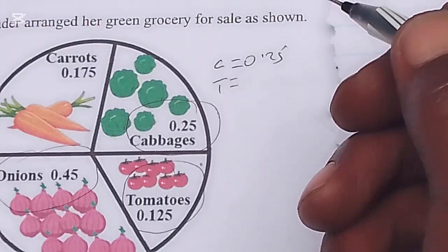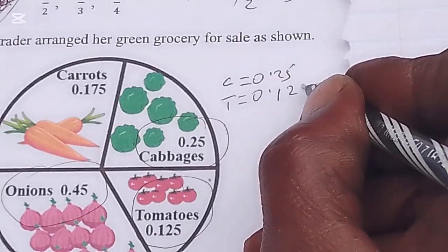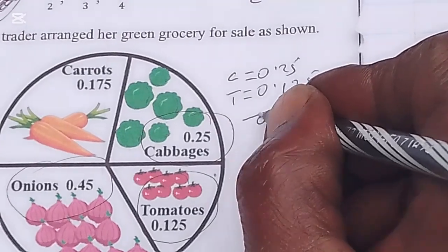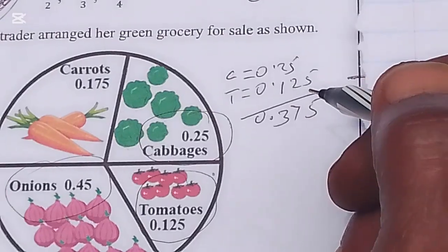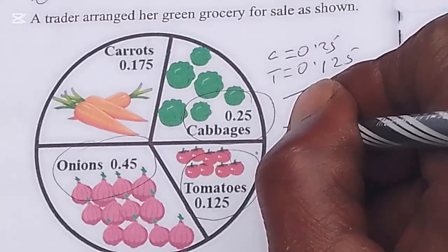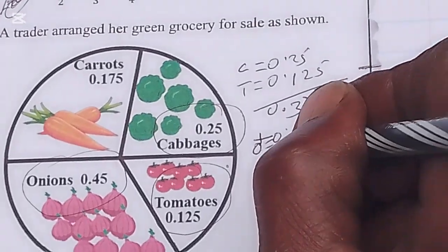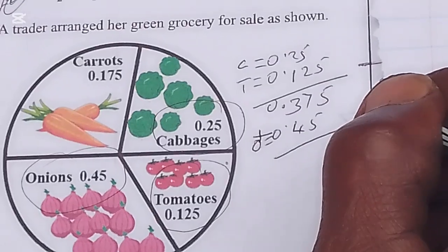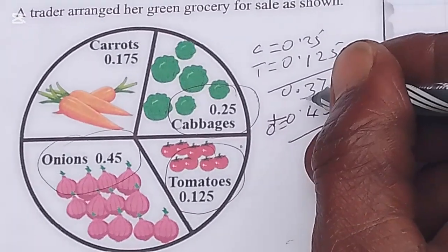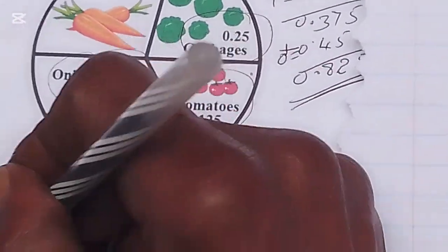Tomatoes is 0.125. You add, and you get 0.375, plus the onions. For onions, it's supposed to be 0.45. And you add and you get 0.825.